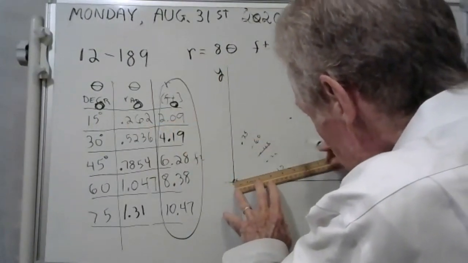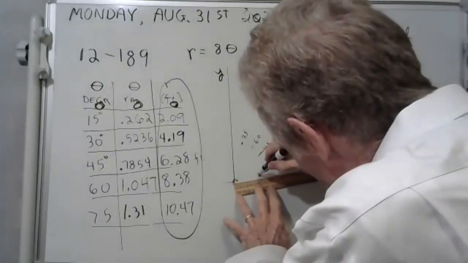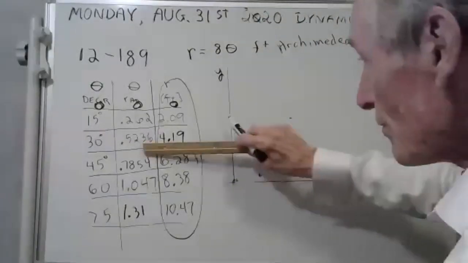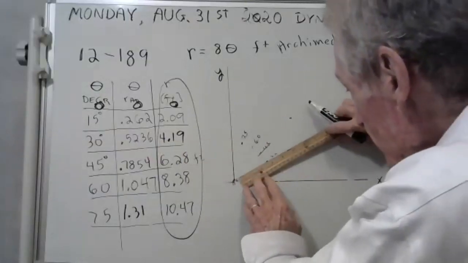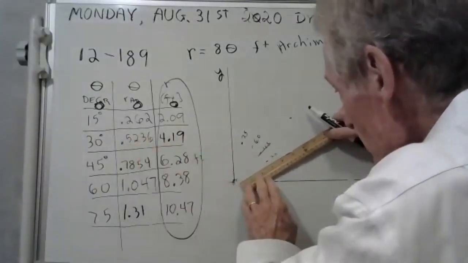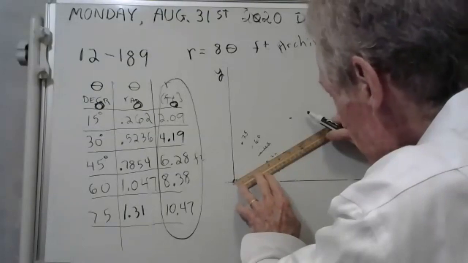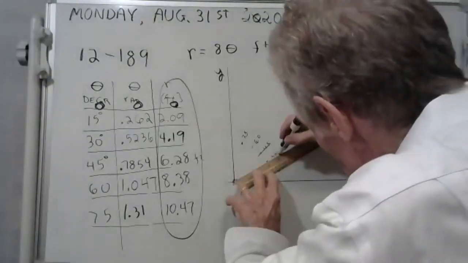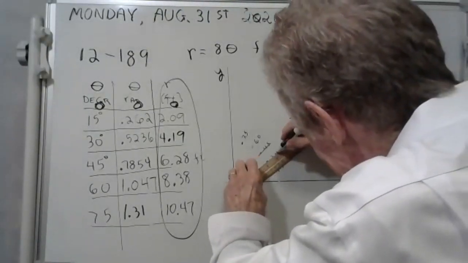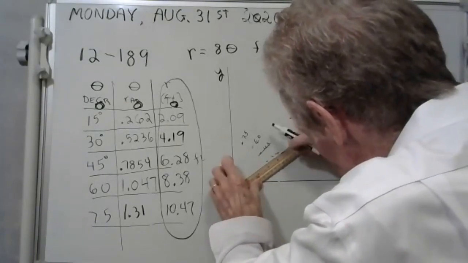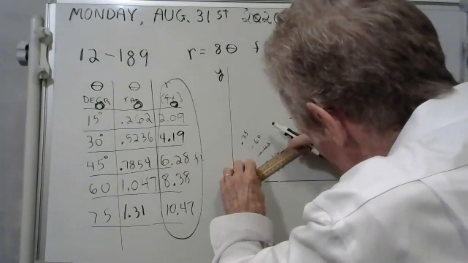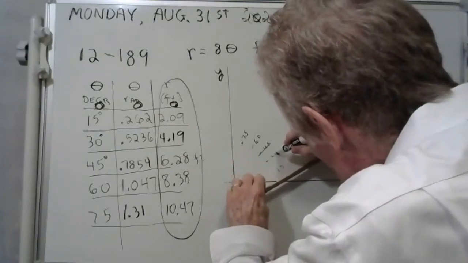It was right here. Yeah, that one was okay. And then at 30, we want 4.19. I think I was using the wrong numbers here, guys. 4.19. That puts me right here. Yeah, that's about right.